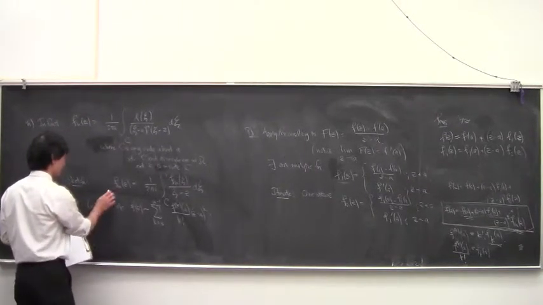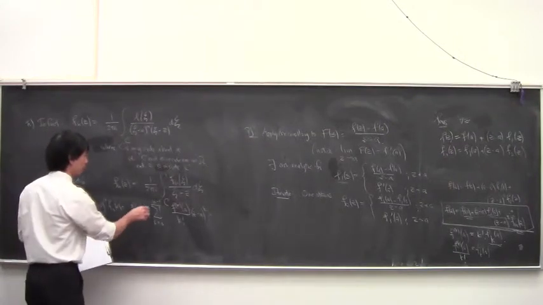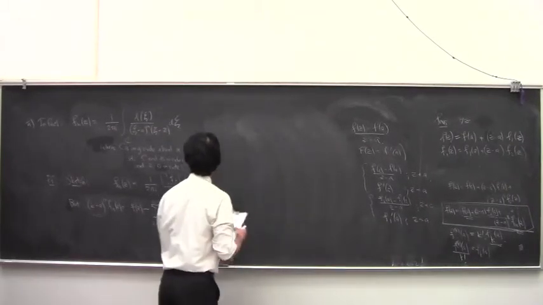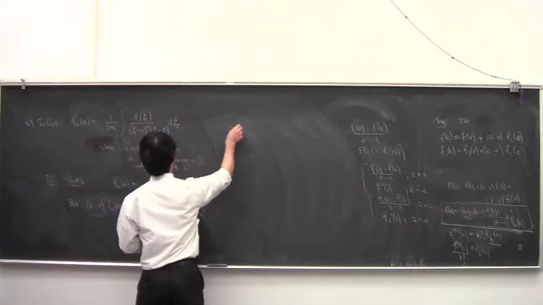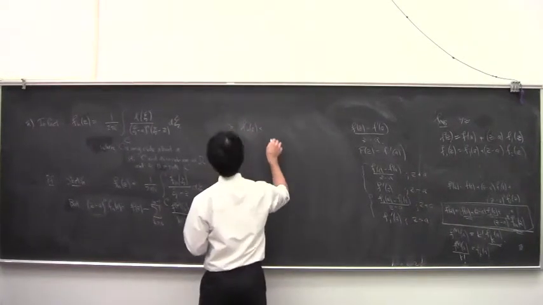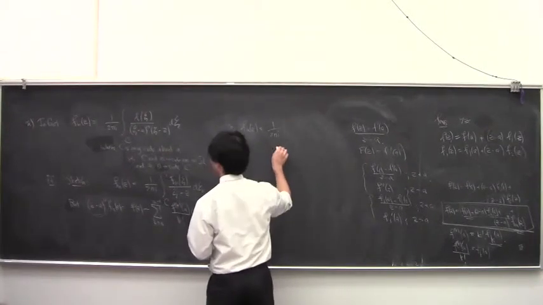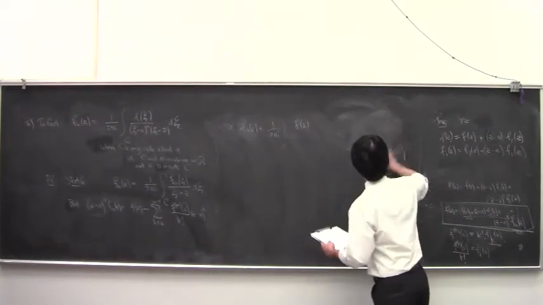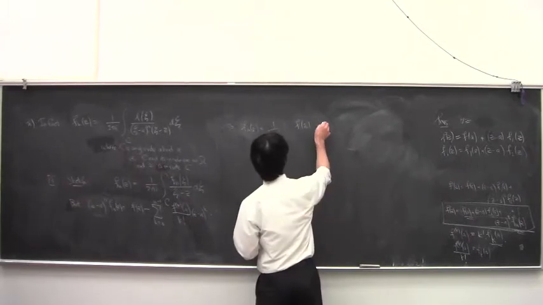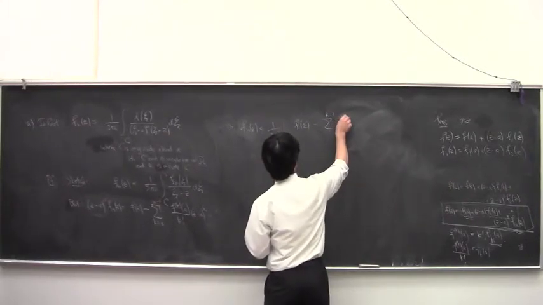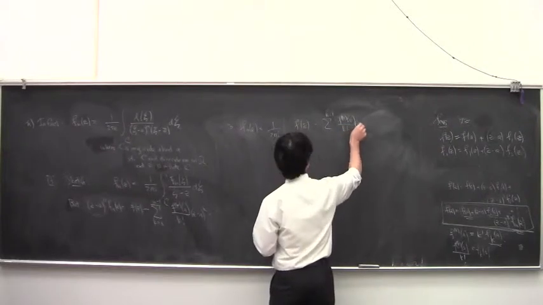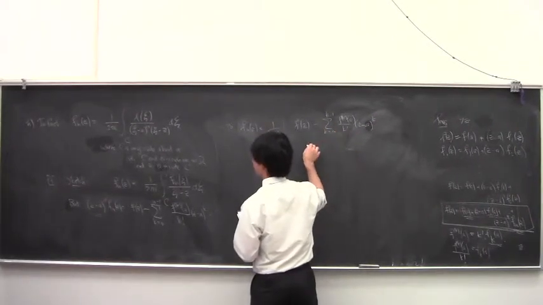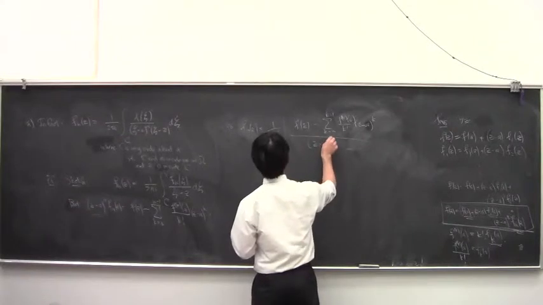So dividing both sides by this thing, what you see is that f_n(z) is 1 over 2 pi i times the integral of f_n, well, f_n is f of zeta minus the polynomial, everything divided by zeta minus a to the n.